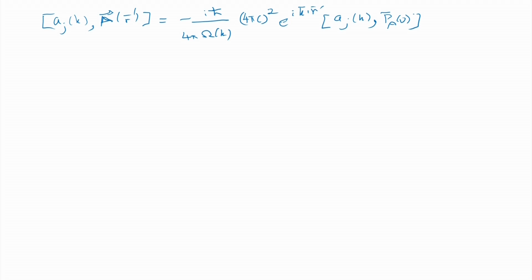Okay, so that's one of the results. The other result is the conjugate to this. You just take the dagger, you get this result. Notice the vector potential is real, so the dagger of that is itself. However, the annihilation operators become their adjoint when you take the conjugate, and I end up with this result.